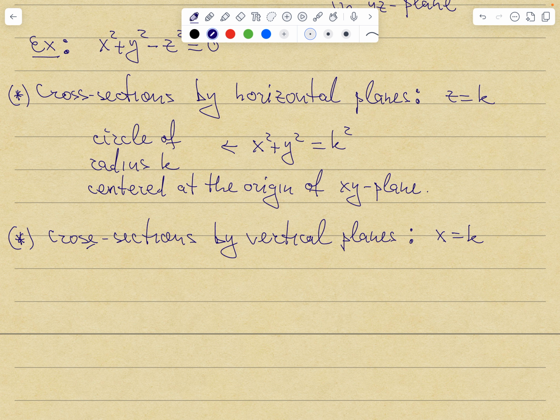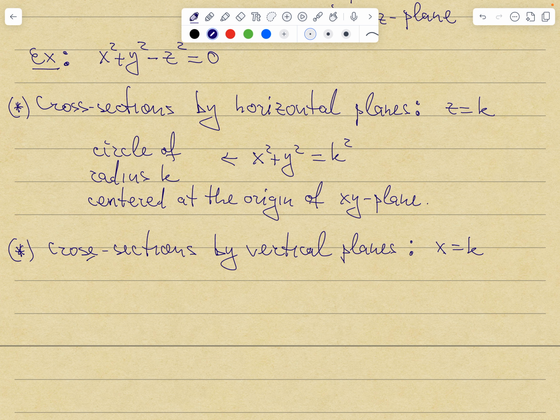So if I set x equal to k, then my equation becomes k squared plus y squared minus z squared equal to 0.